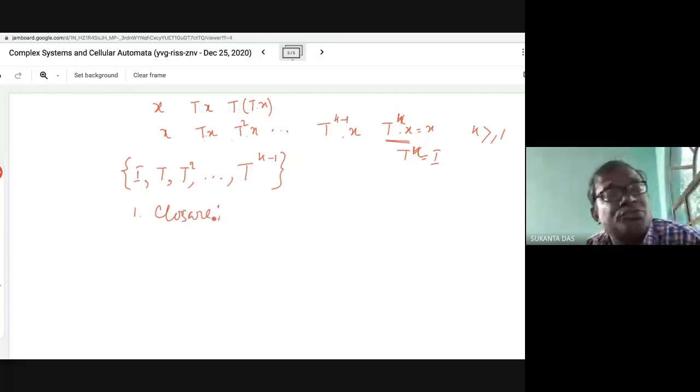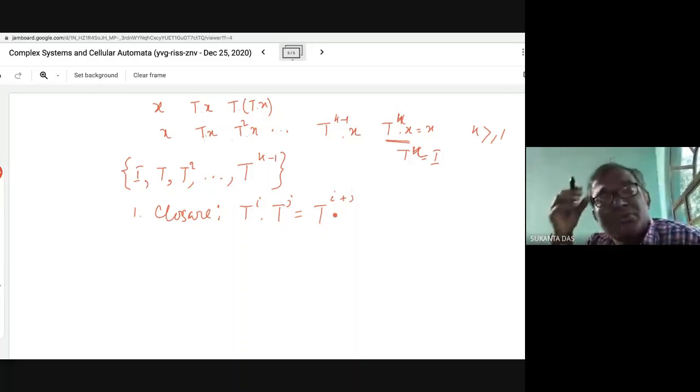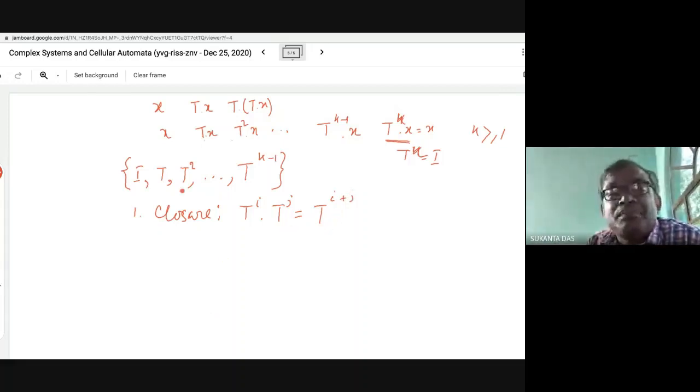Closed means if you multiply T to the power i into T to the power j, what you will get is T to the power i plus j. So i plus j is either in this set or outside of this set.